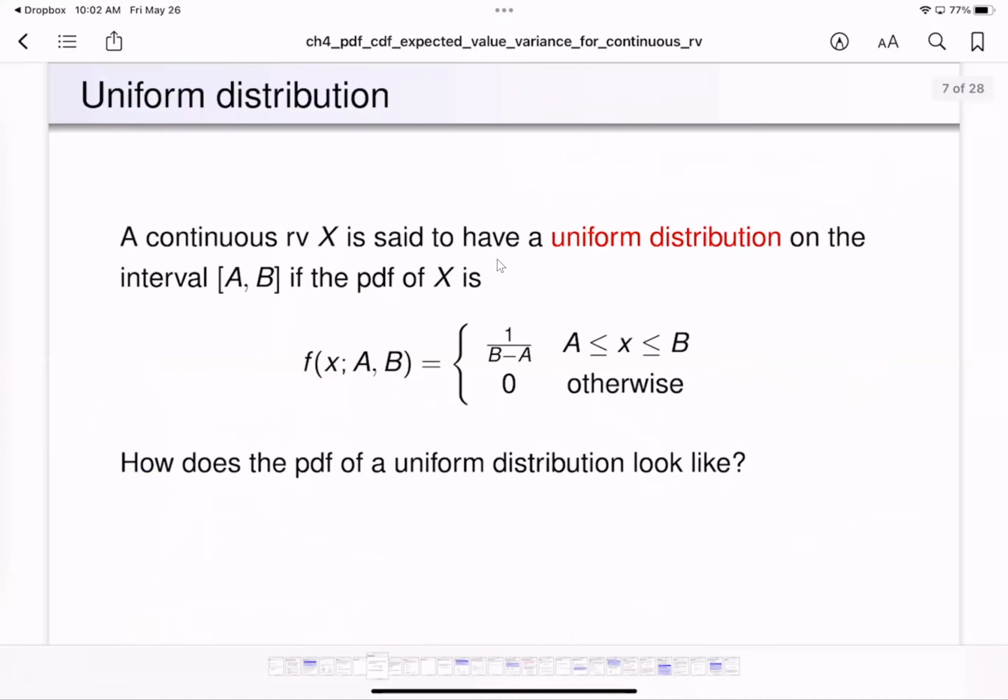Next one, here is an example of a uniform distribution. This distribution happens a lot, and it is particularly used to generate samples. In fact, all of the distributions are connected to the uniform distribution in a way.